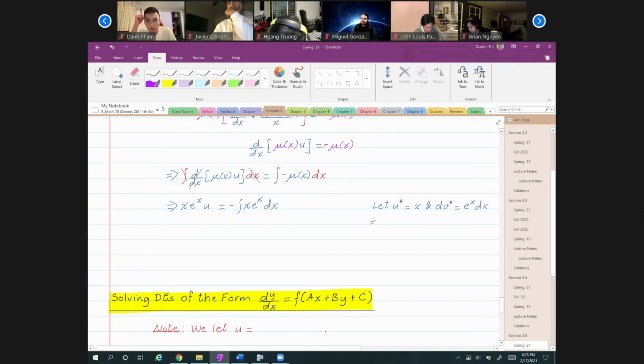So that means du star is equal to dx and v star is equal to e to the x. So the integral of x e to the x dx is equal to u star v star. I'm doing this as a review for you. And then minus v star du star.